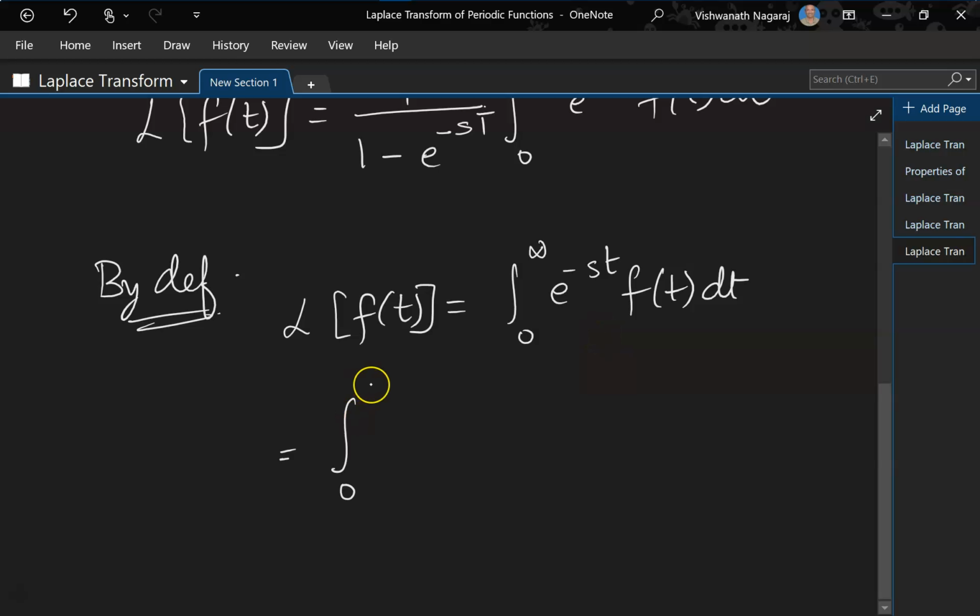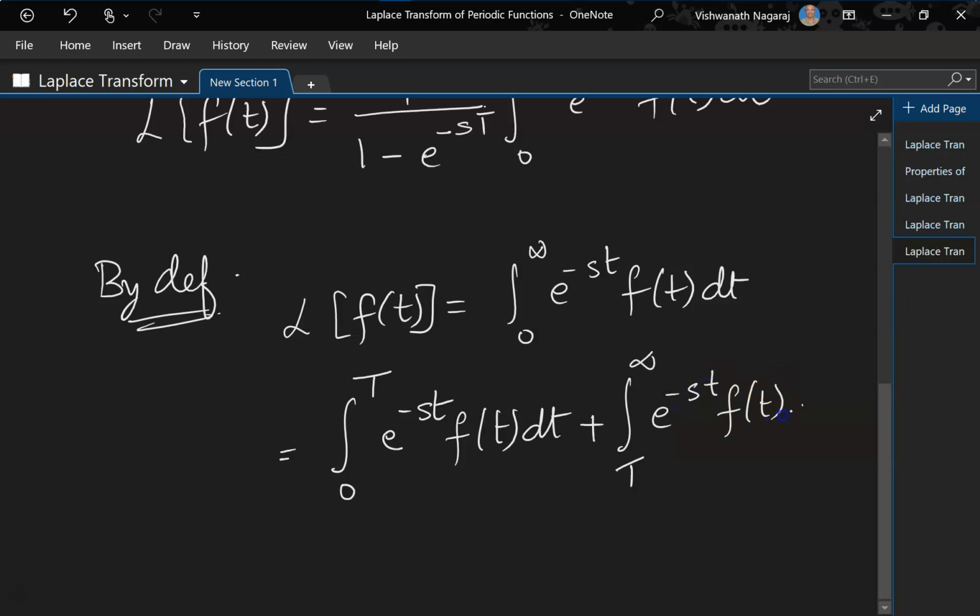The first integral takes care of the first period from 0 to capital T, e to the power of minus st f of t dt, plus the second integral takes care of the rest, from T to infinity, e to the power of minus st f of t dt.